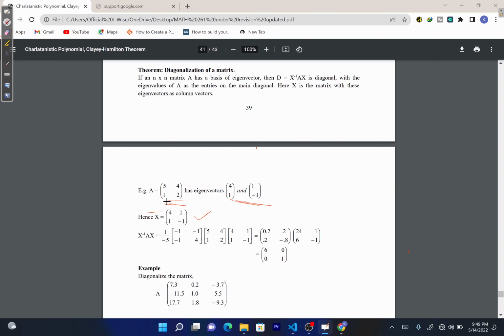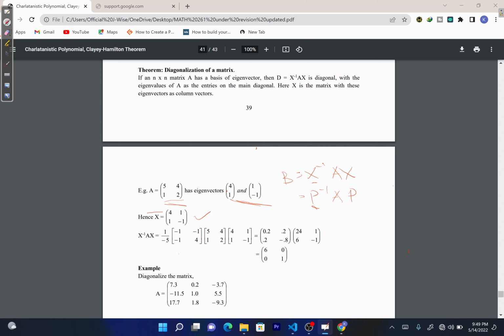So to generate the similar matrix B, we use the relation X inverse AX, or P inverse AP, such that the columns of X or P are the eigenvectors of matrix A.